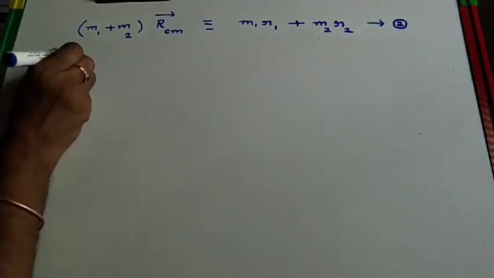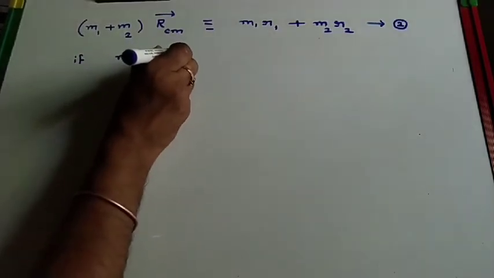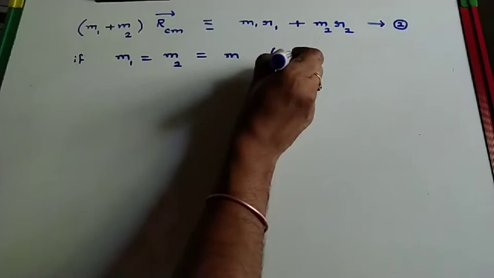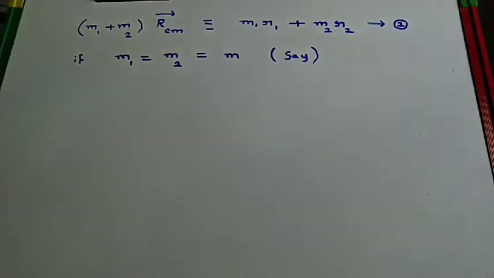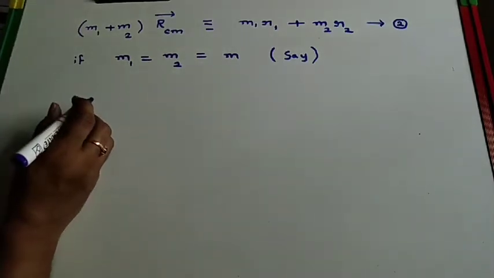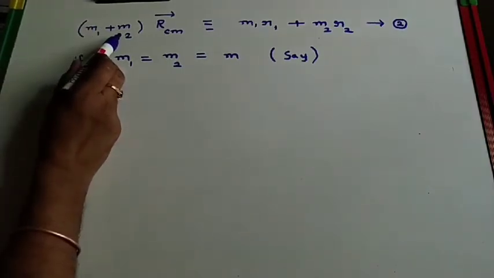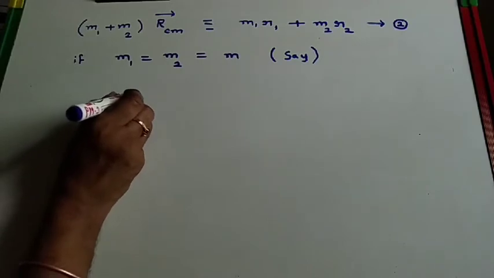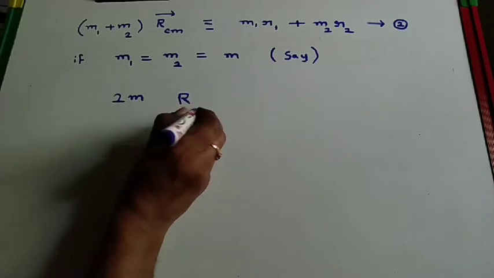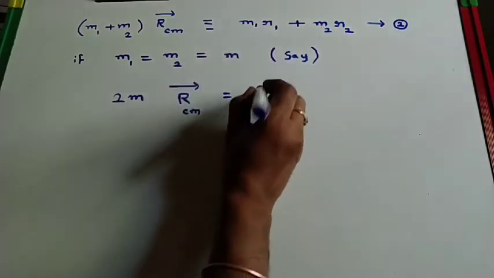If m1 is equal to m2 is equal to m, in this case we can write m1 plus m2 is equal to 2m, so 2m into RCM is equal to mR1 plus mR2.